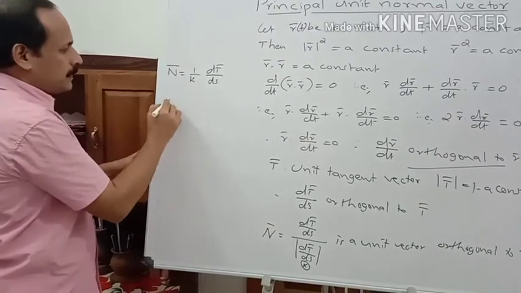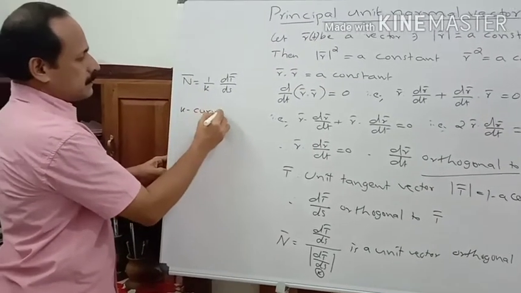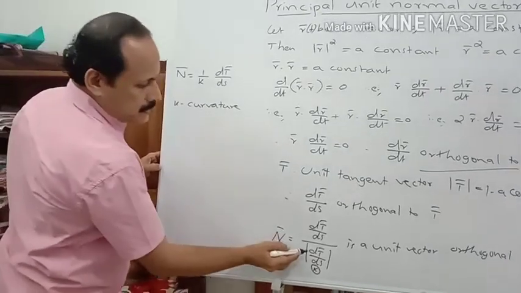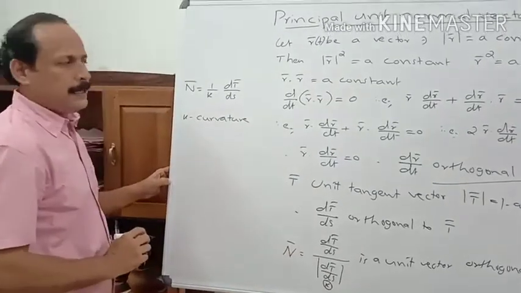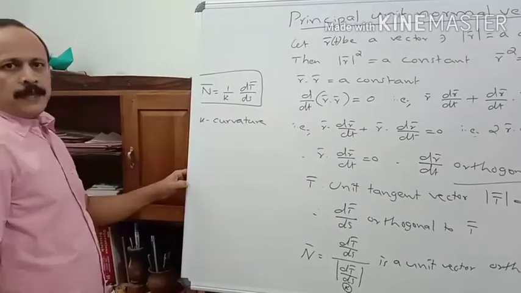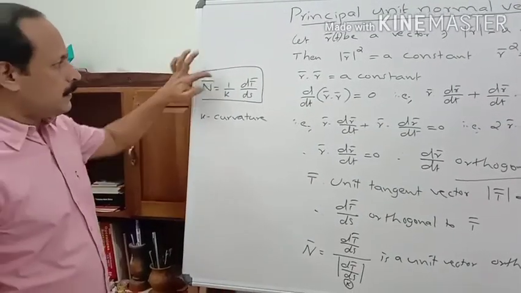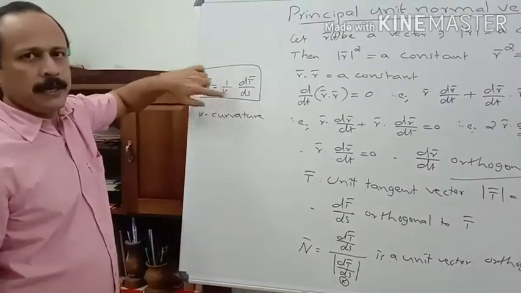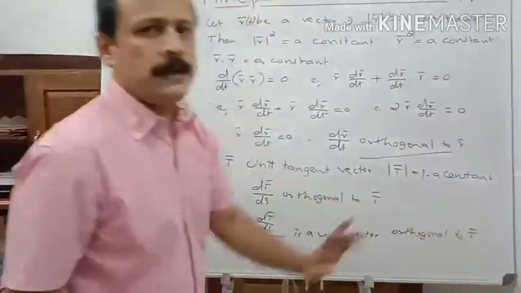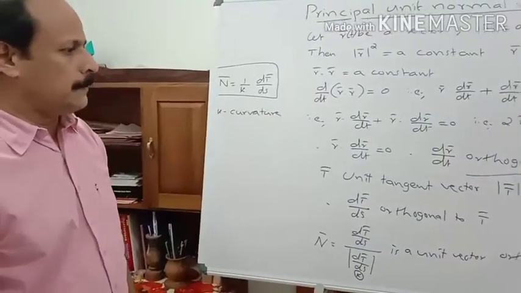Kappa is the curvature of the curve, which is mod dt bar by ds. Here we define n bar equal to 1 by kappa into dt bar by ds, which is always orthogonal to the unit tangent vector t bar.